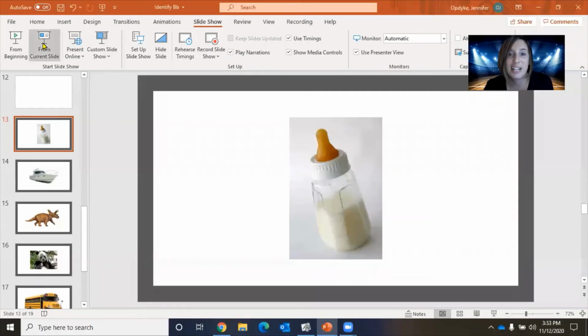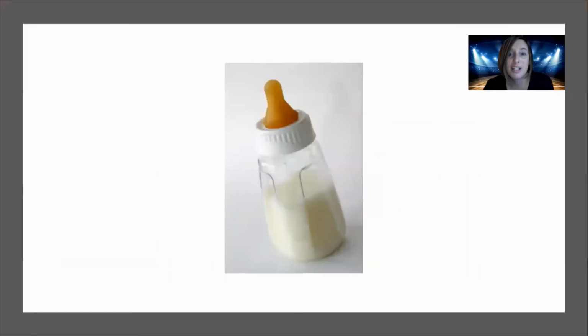All right. My first picture is of a bottle. Bottle does start with the letter B because when I say it, bottle, I hear B, B, bottle. I hear B at the beginning.